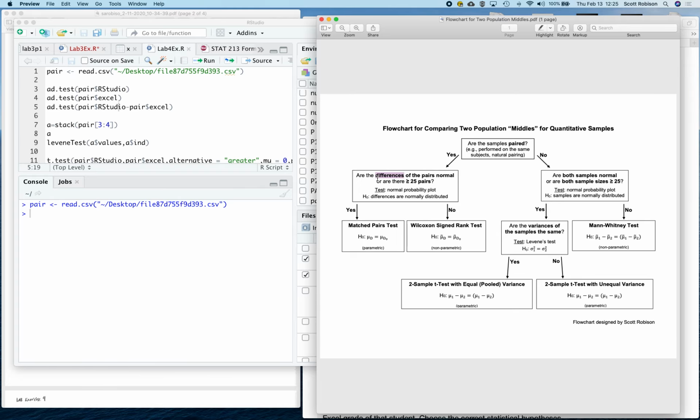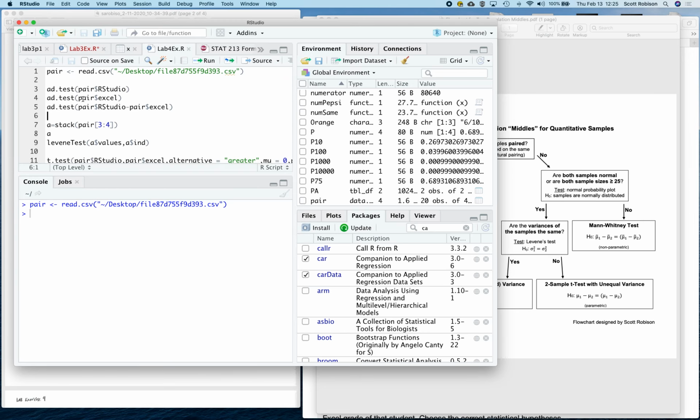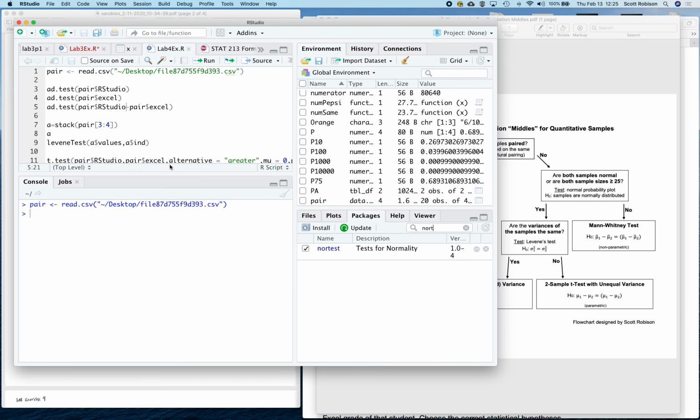We're looking for the normality of the differences. So instead of ad.test on one column or the other, I'm going to do ad.test of one column minus the other column. Make sure, of course, that you've got the nortest package installed and loaded, and then you can run the test of normality on the difference.